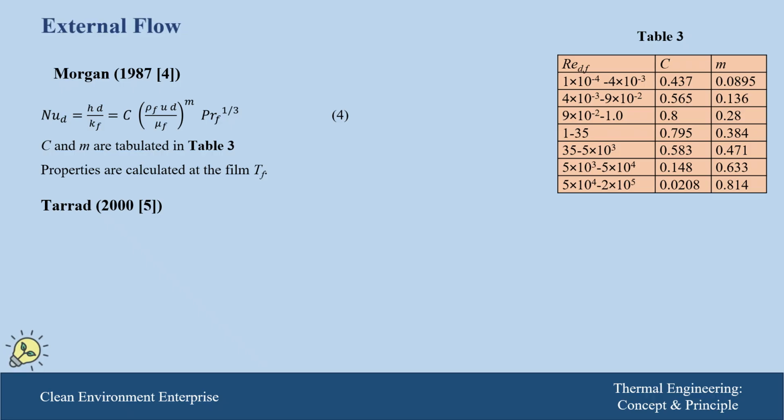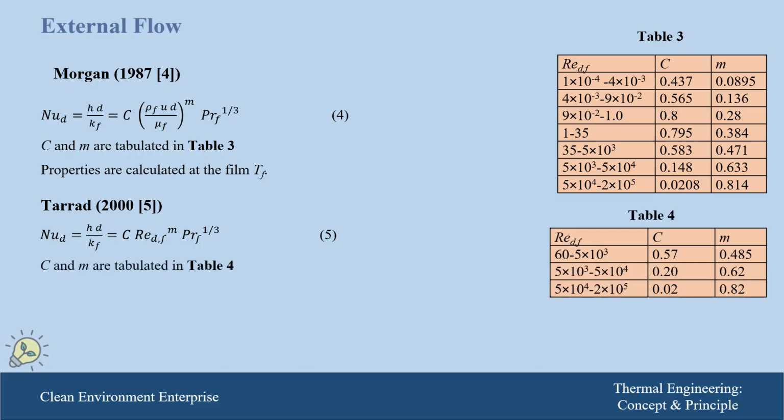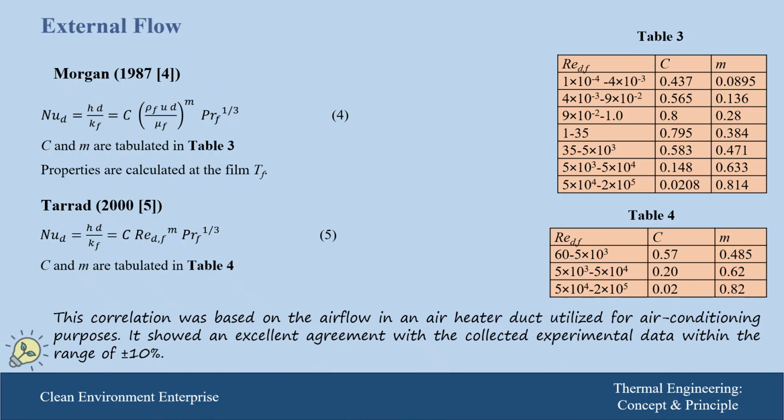We also have the Tarad correlation in 2000, and it has been prepared in the same form as the Morgan equation. It has been deduced from experimental data up to Reynolds number 2 times 10 to the power 5, with C values and M values as obtained for air and its application.